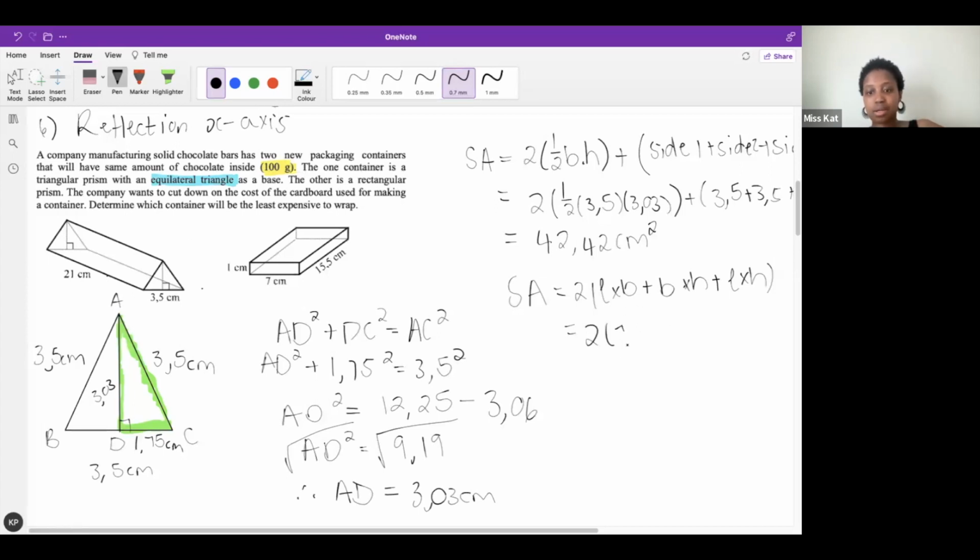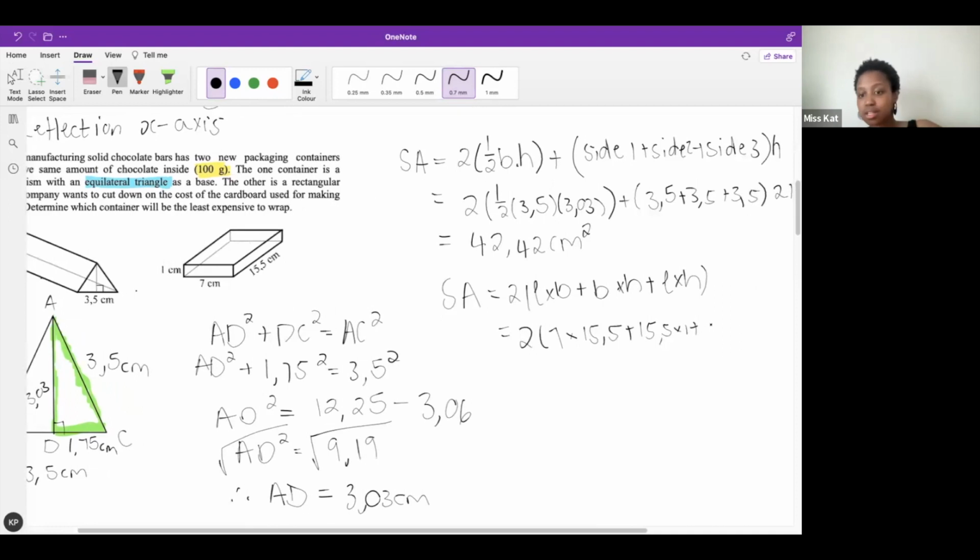What happened? So length times breadth is this times 15,5 plus 15,5 times 1 plus 7 times 1. Now let's hear what we're going to get here. What is my total surface area? Yeah, I don't think Tammy is coming.